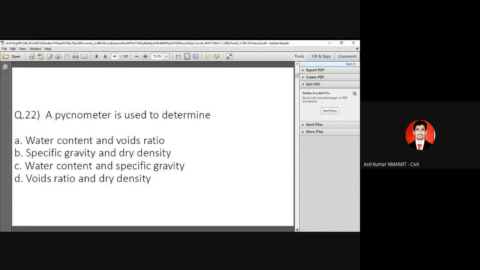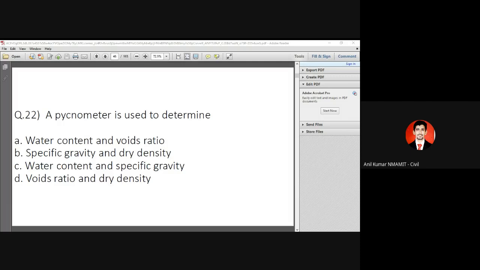The pycnometer is used to determine: water content and void ratio, specific gravity and dry density, water content and specific gravity, or void ratio and dry density? Fast, just 10 seconds. Three students have given answers. Manjunath, fine, that is the right answer.